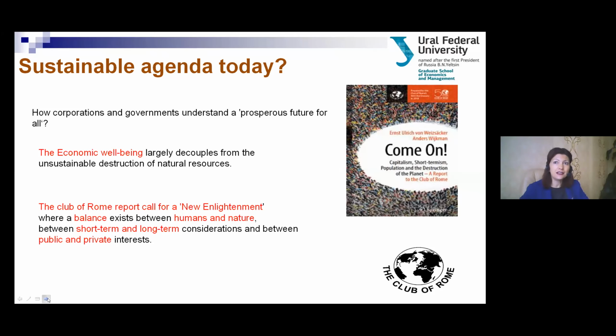they still didn't know how to measure capitalism today, how to choose between short-term and long-term considerations, and how to balance public and private interests. Actually, the establishment of the Club of Rome was an answer to development economics. And development economics is the prerequisite of sustainable development.